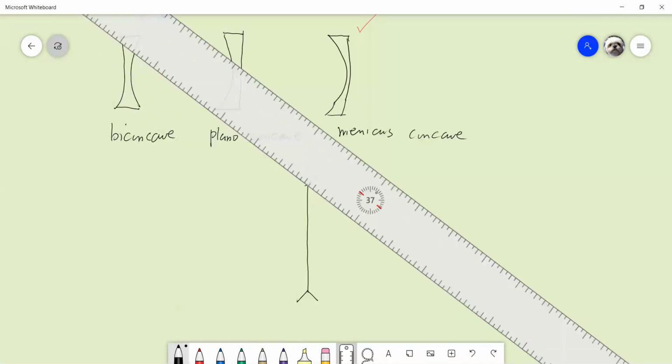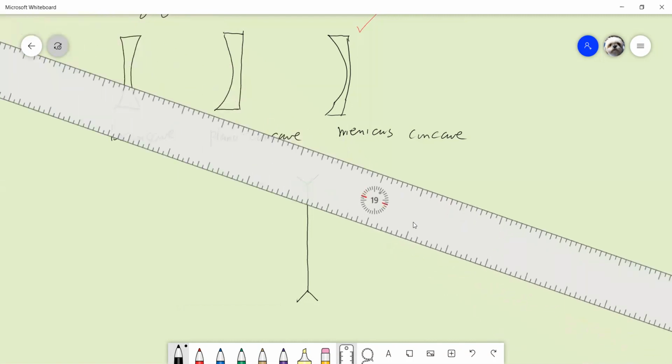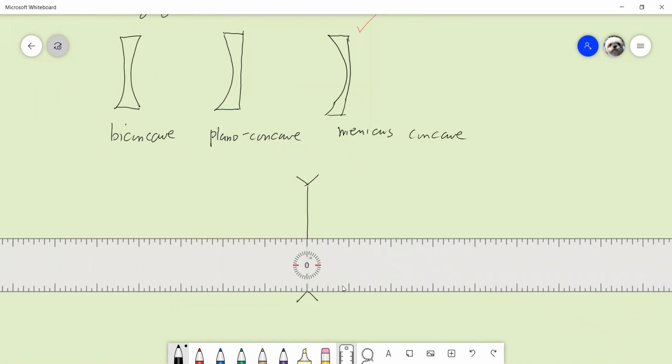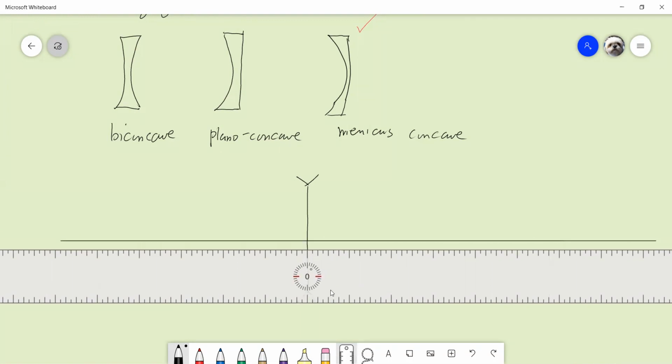Okay, let's use the ruler. I am going to create my focal point. If I have a ruler here, it won't let me do that. Okay, it's okay.